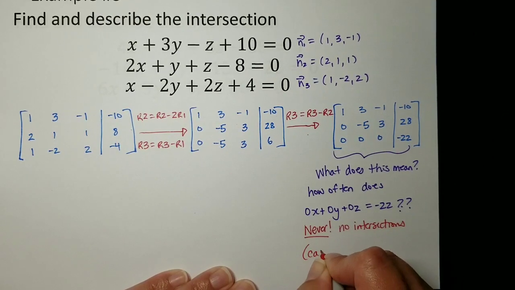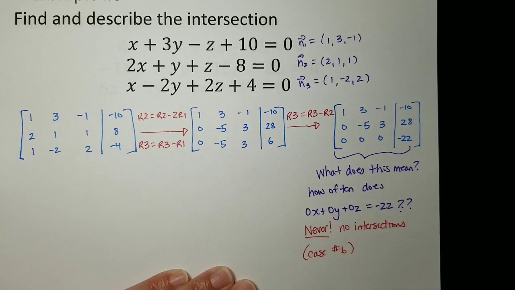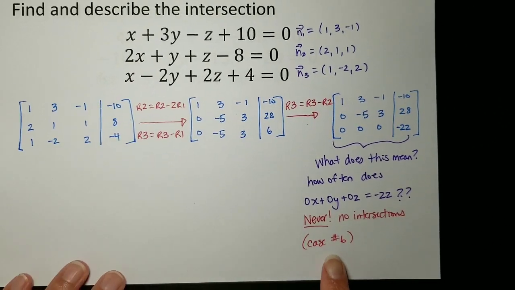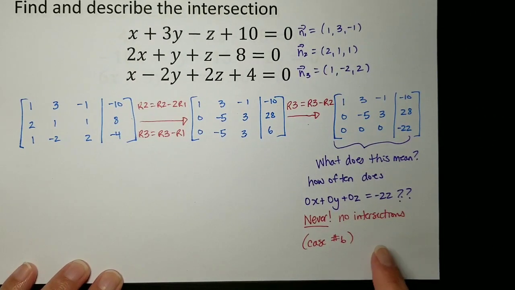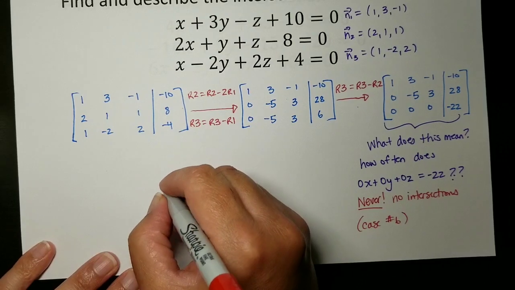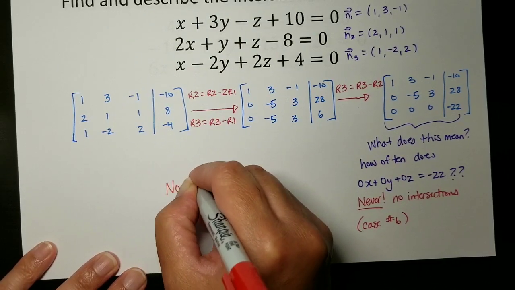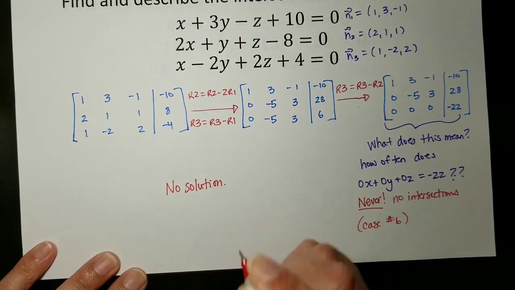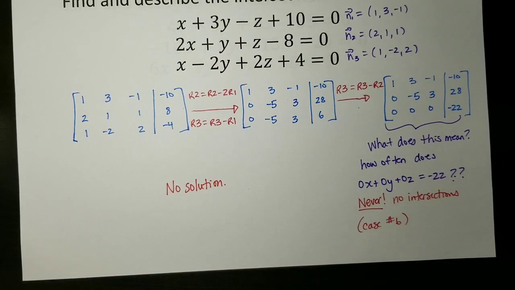So this is case number 6. And then you can just end there. You just say that there's no intersections. There's no solution to this system. Okay, so you just write no solution.